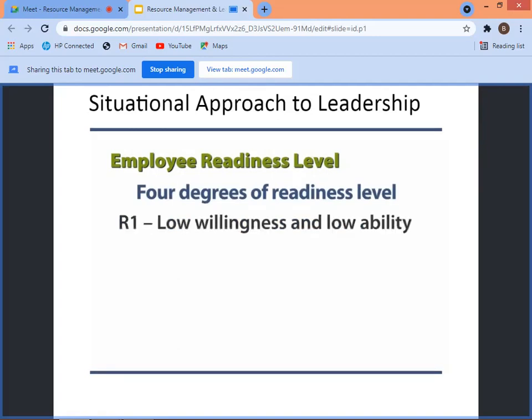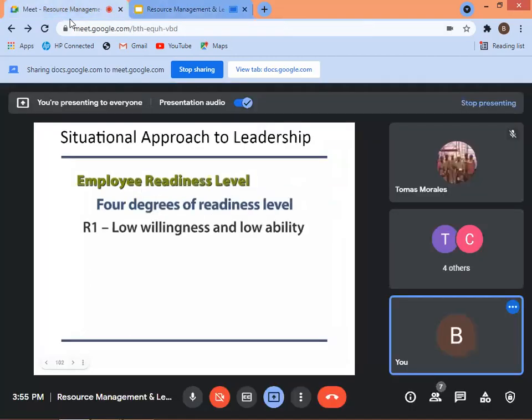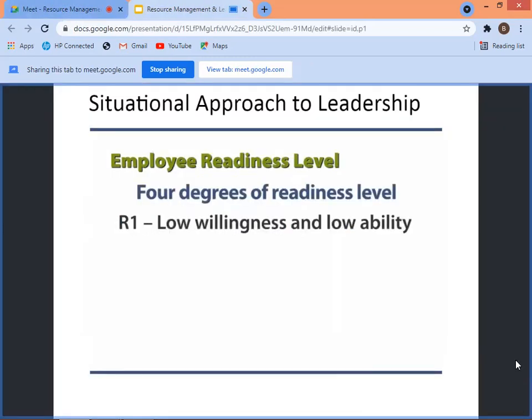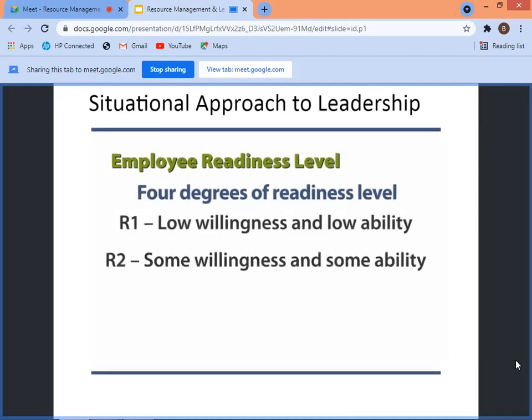Okay? Readiness level number 1, R1: low willingness and low ability. The next one, R2: some willingness and some ability.